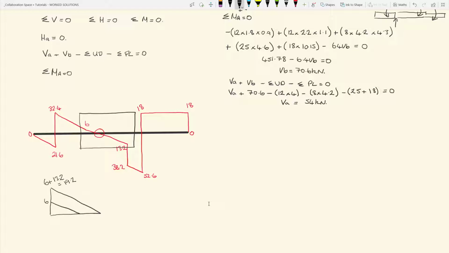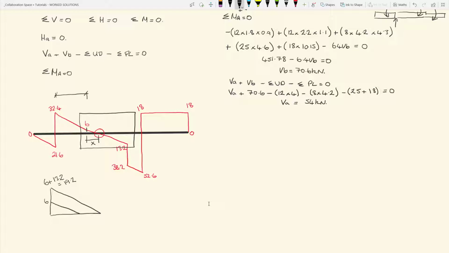And we know some of these distances. The distance we're looking for is this distance x here. We know the distance from the reaction to that point, because this point here, at the end of where the 6 kilonewtons of shear is, is the end of the UD load.